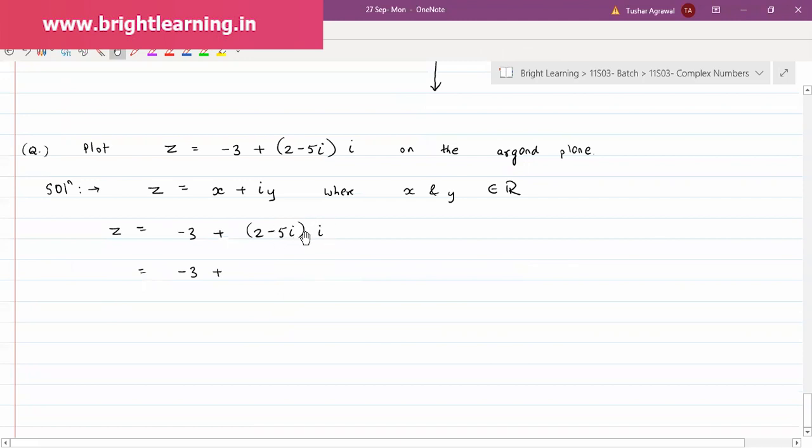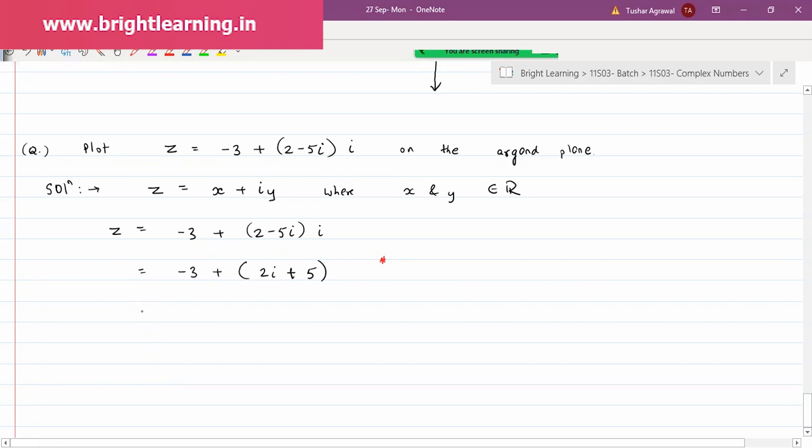While using the distributive law, there is one point that I want to tell you. I will put a star mark over here. 2 into i will be 2i, and minus 5 into minus 5 i squared. So i squared is negative 1, so I can write it as plus 5.